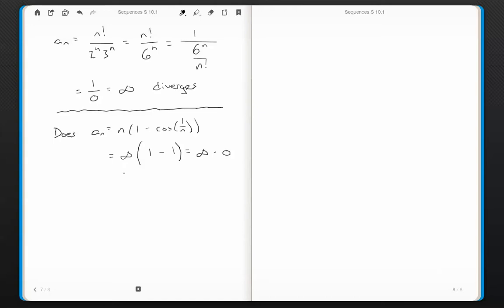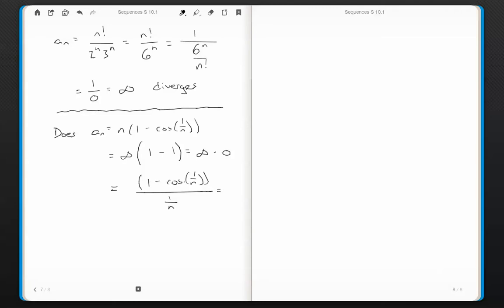So how do I rewrite this? Much like on that quiz problem, I could rewrite this as 1 minus cosine of 1 over n, over 1 over n. Now, how is that going to work out for us?